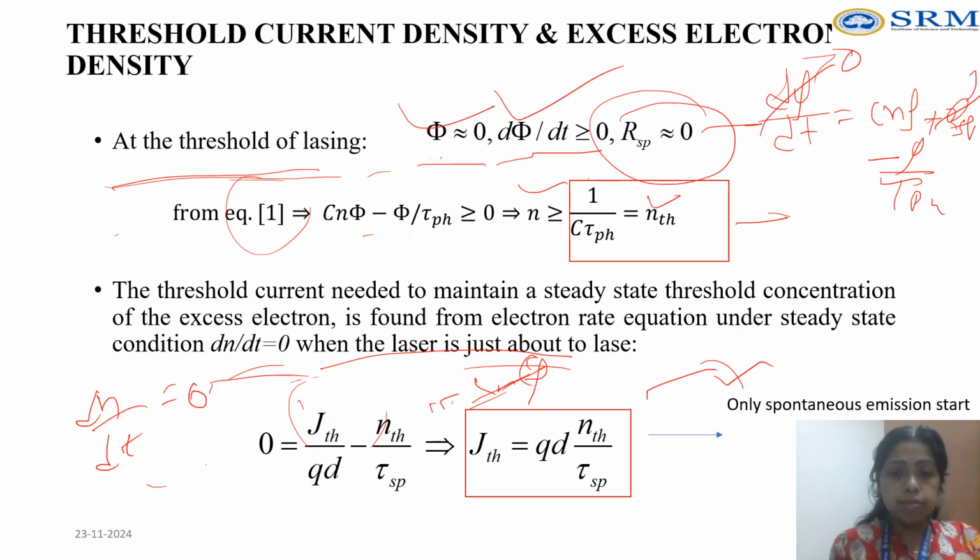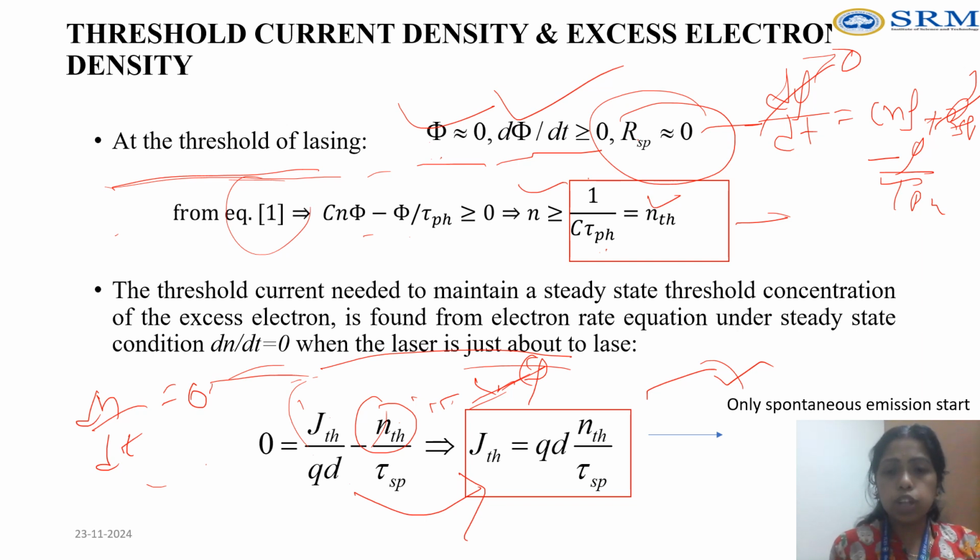And J I have replaced with J th, J th by q d minus N th by tau sp. If you substitute the N th value, N th is 1 by C tau ph, you will get this equation.